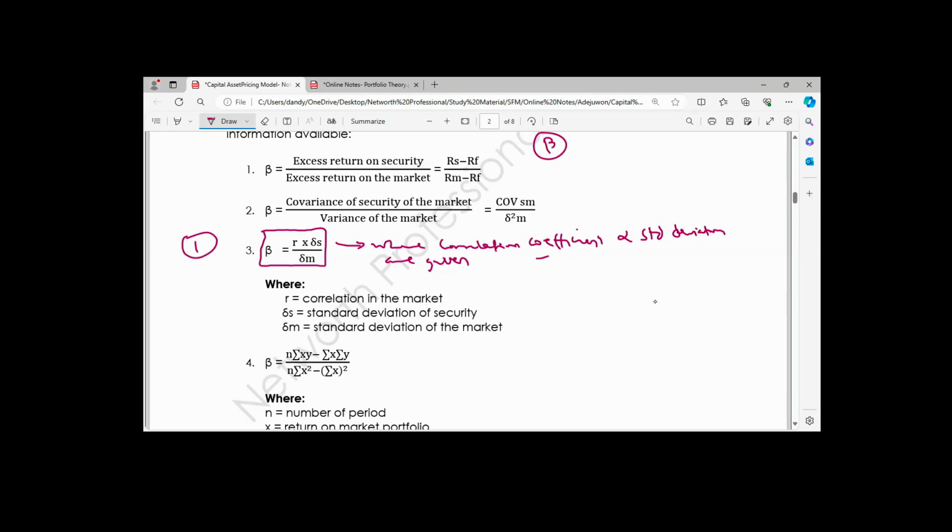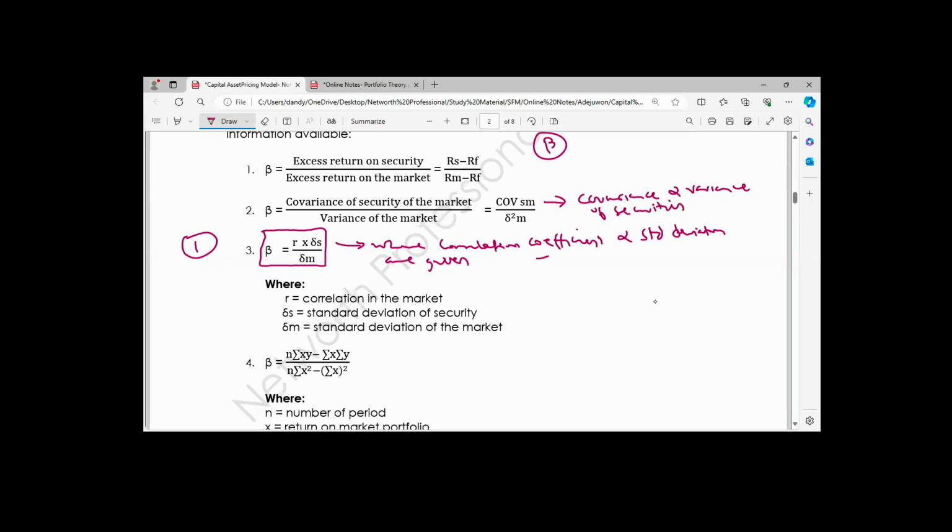Second, the second most frequent formula is a situation whereby you are given covariance and variance of securities.